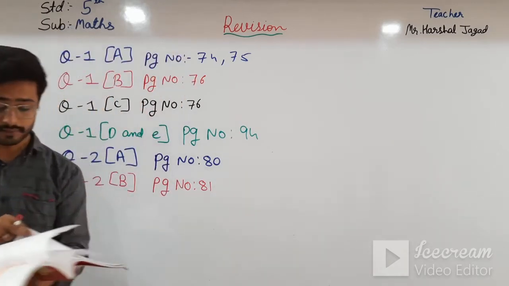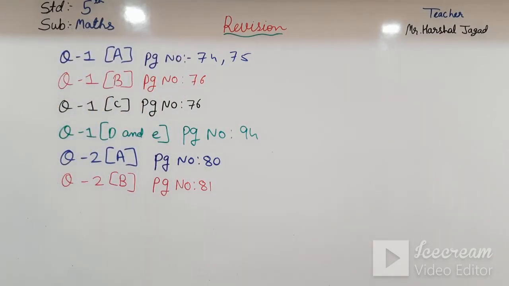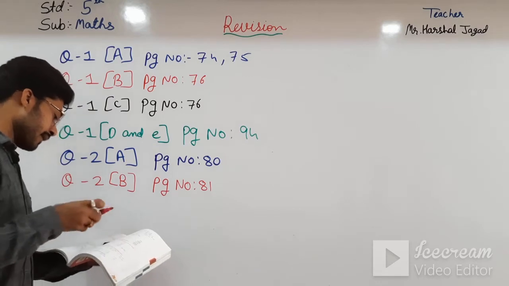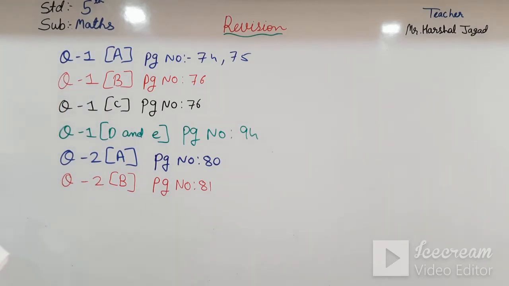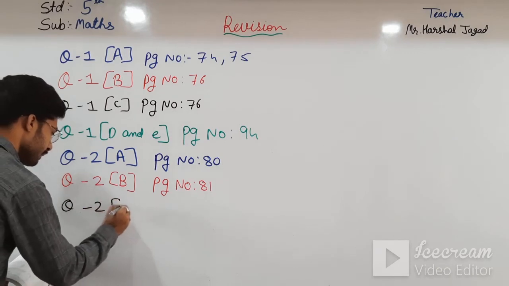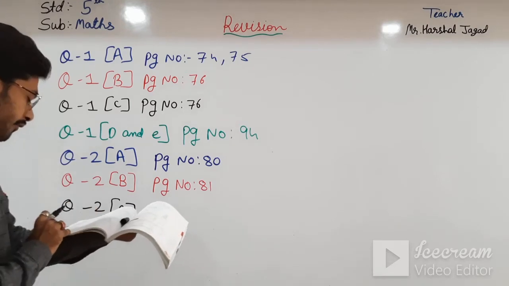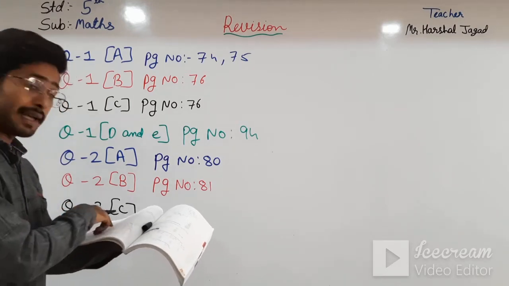then moving further, choose the quickest method to multiply the following. So we have to choose the quickest method for multiplication. So it can be asked, question 2c. It can also be asked from these examples.